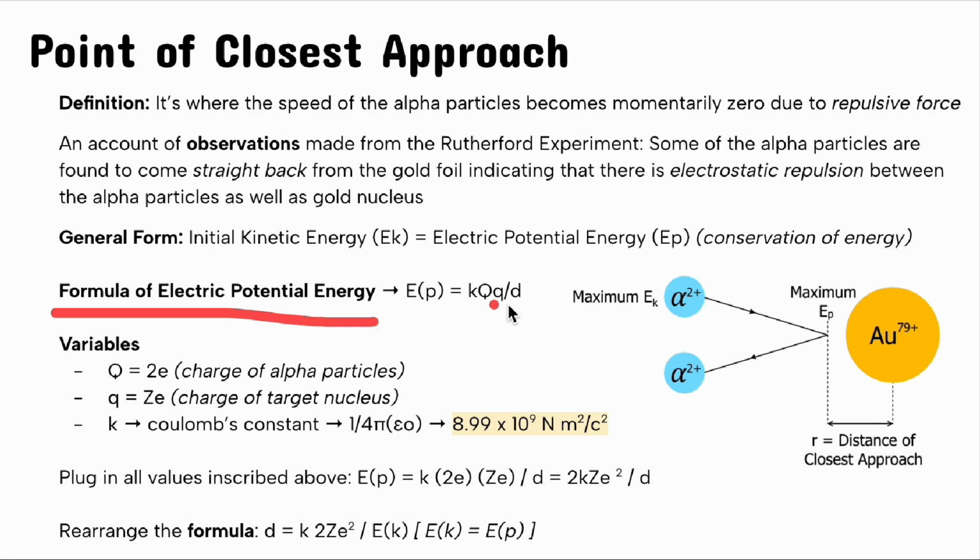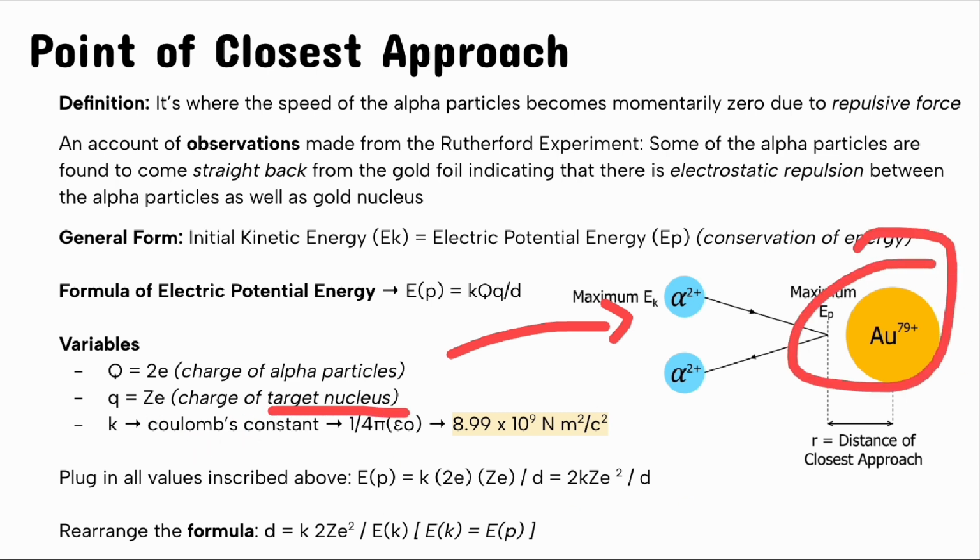The formula of electric potential energy is this, where k is the Coulomb's constant, 8.99 times 10 to the power of 9. The capitalized Q is 2e, the charge of alpha particles in this scenario. Small q is Ze, the charge of the target nucleus, which is this.